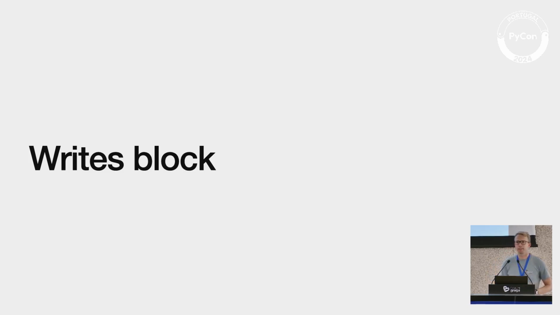And now the big thing with SQLite is that writes block the whole database. There's no per table locks, no per row locks. You block the whole database every time you make a write. And if you don't tinker with any configuration, this not only blocks other writes coming into the database, it also blocks reads.